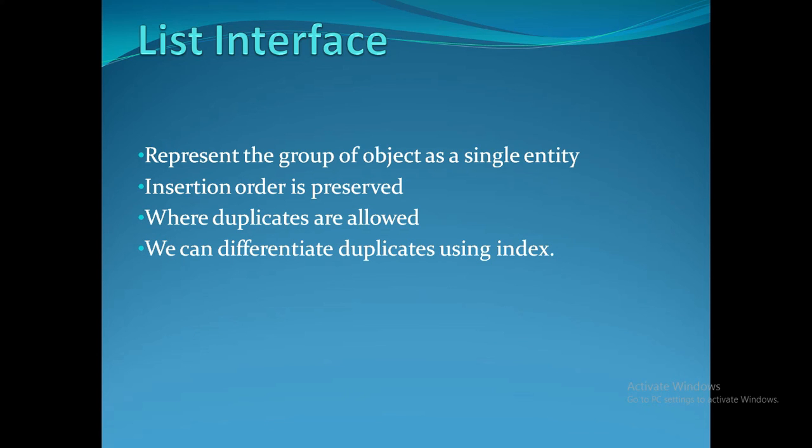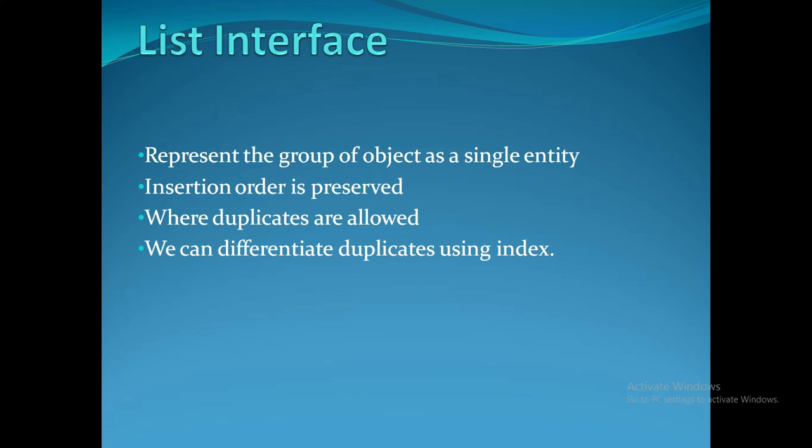Then you may have a question: if I have duplicate elements in the collection, how can I differentiate between these elements? So here the index plays a very vital role. As in an array, we have the index starting from 0 to size minus 1, right? In the same way we have the index in the list as well.